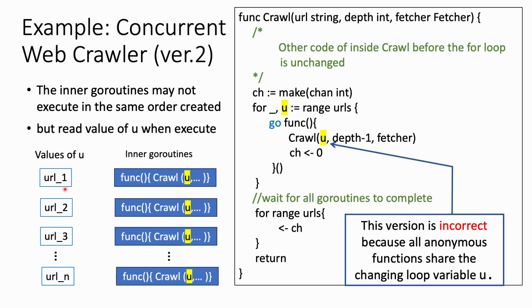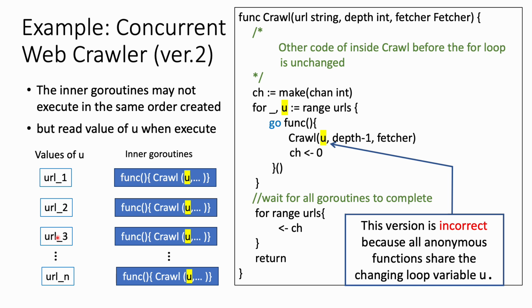For example, suppose the values of u that the for loop iterates through are URL1, URL2, through URLn. When u receives value URL1, the first inner goroutine is created but not executed, for example.